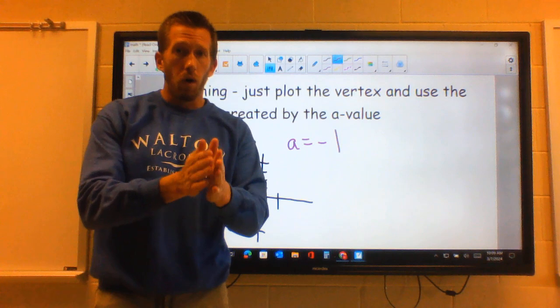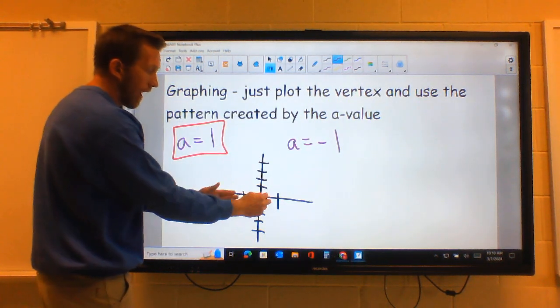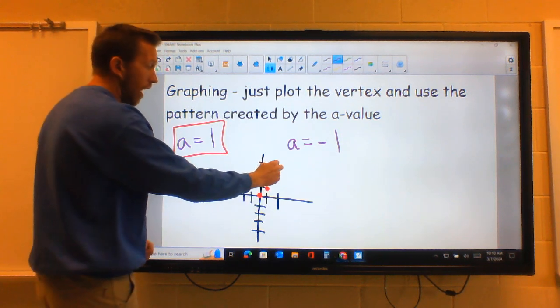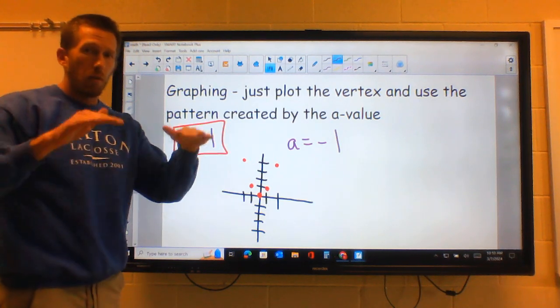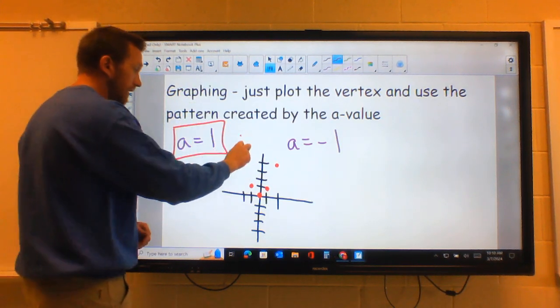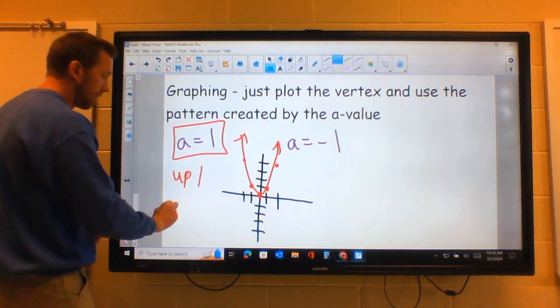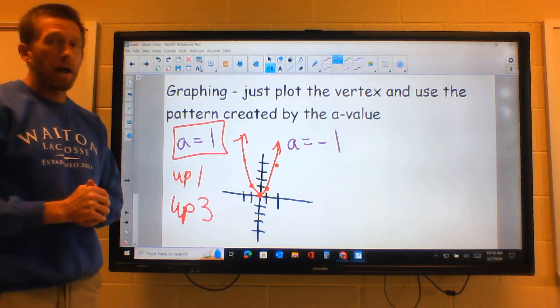We don't need to graph all of those, but we go out 1, up 1, then out again and up 3. So it's out 1 each time, and up 1, up 3 for this basic parent function pattern.